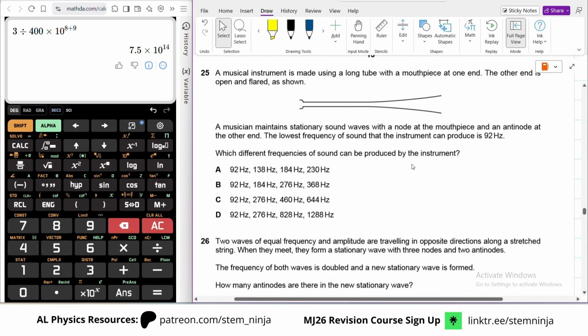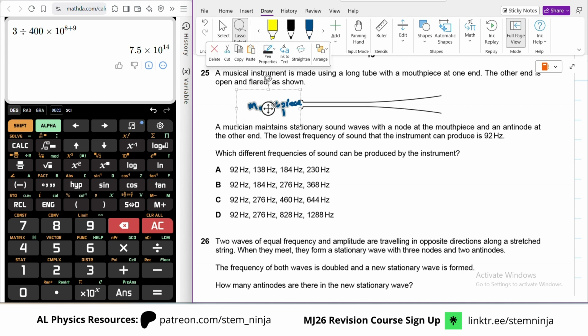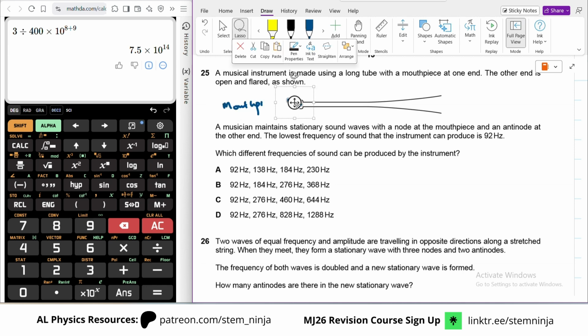A musical instrument is made using a long tube with a mouthpiece at one end. The other end is open and flared. The musician maintains stationary waves with a node at the mouthpiece. So there's a node at the mouthpiece and an antinode at the other end.